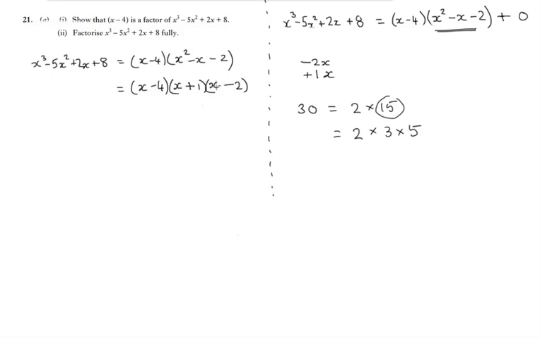The firsts are x times x, x squared, outside 2 is minus 2x, inside 2 is 1x, which gives us minus 2x plus 1x is minus 1x, and the last's plus 1 times negative 2 does give us minus 2. So there we have the fully factorized version of this degree 3 polynomial. There are 3 linear factors, x minus 4, x plus 1 and x minus 2.